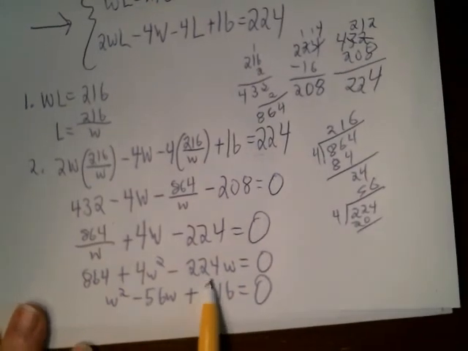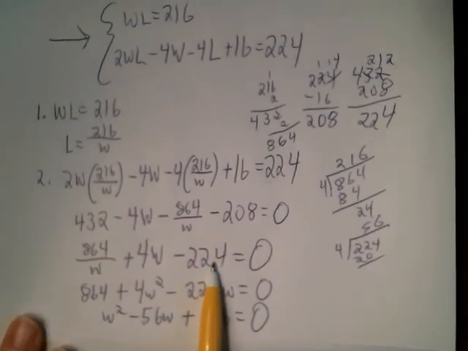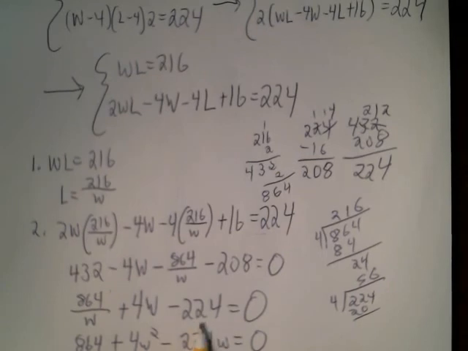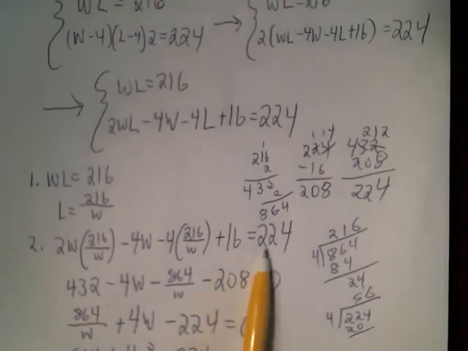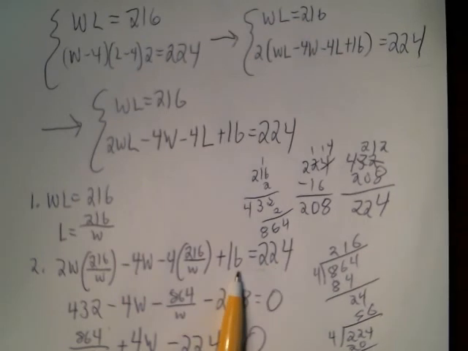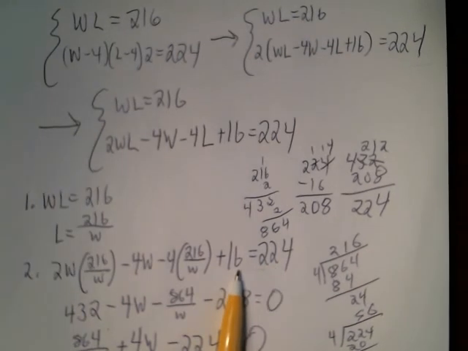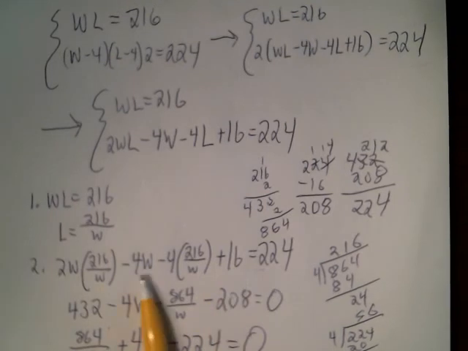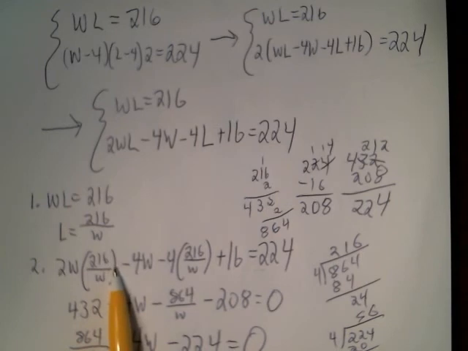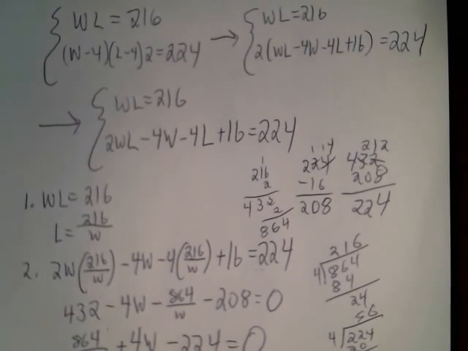So it's this 224 which is messing me up. Where is it from? It would have been the 432 minus the 208. So maybe I move this over, so maybe the 216. I'm going to have to get my calculator.